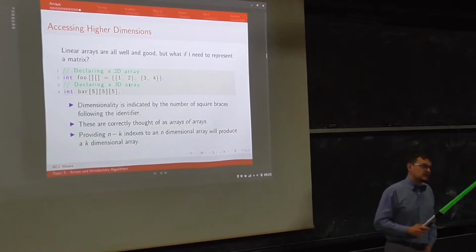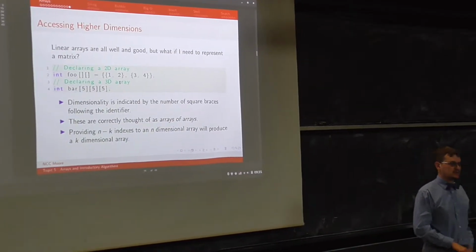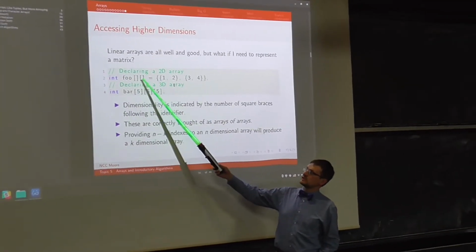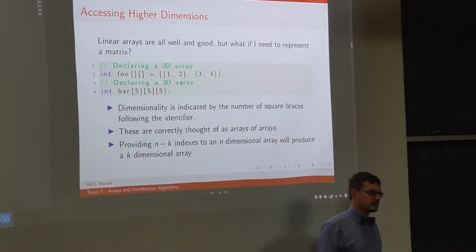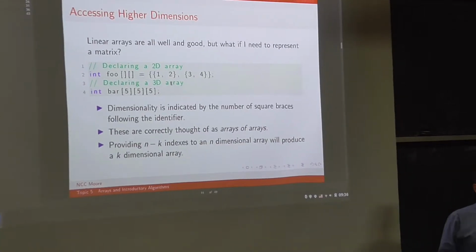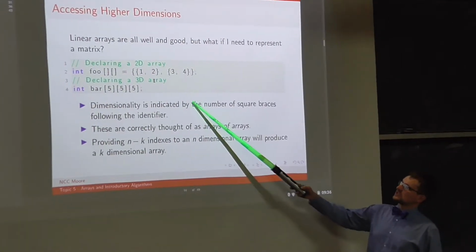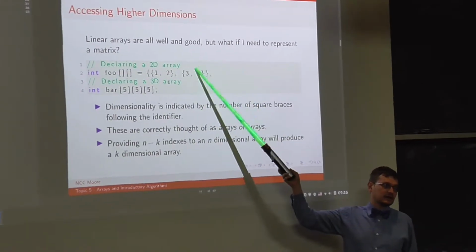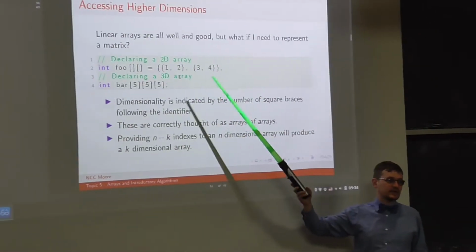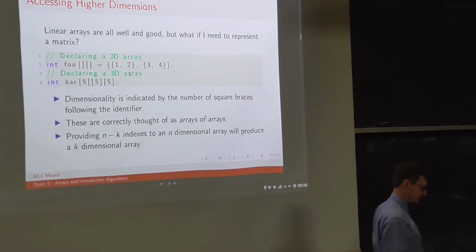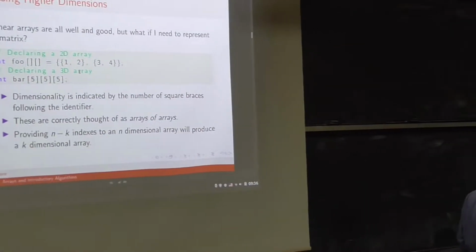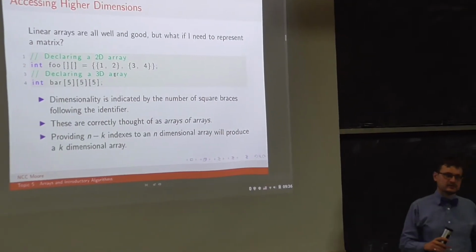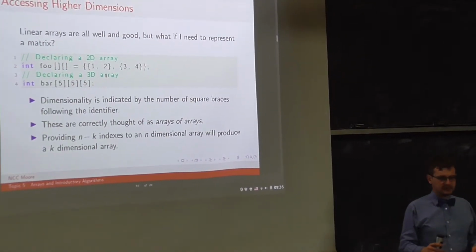In order to declare a multi-dimensional array in C, it's very simple. You simply include multiple square braces in the declaration. You may also initialize the array using nested array declarations within a larger array declaration. Because this is C, line counts don't really matter.